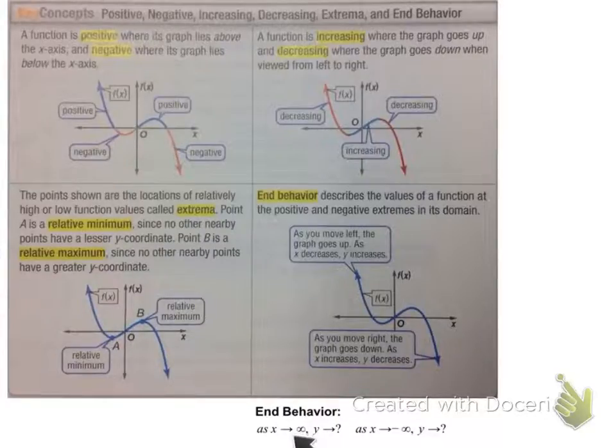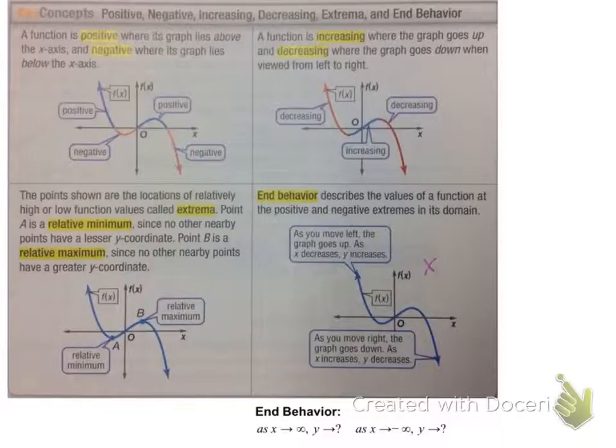As x approaches infinity, that's a sideways 8. Where does y approach? Think about this. Let's track x. As x goes to positive infinity, which is going this way, where is y going? It's going down. Will it ever stop?